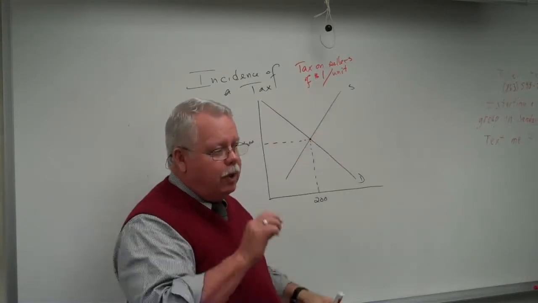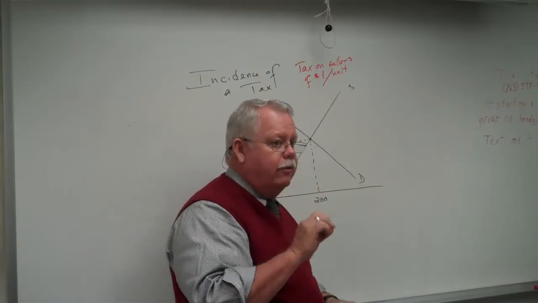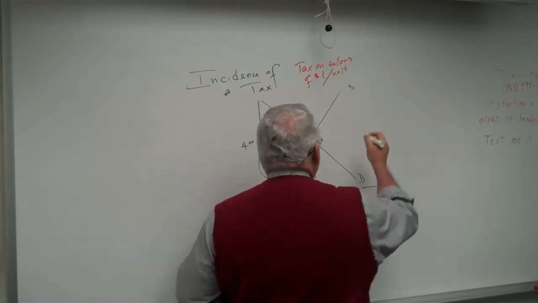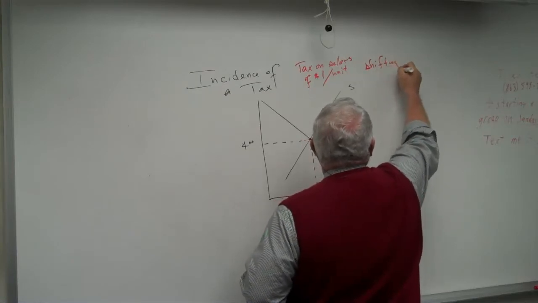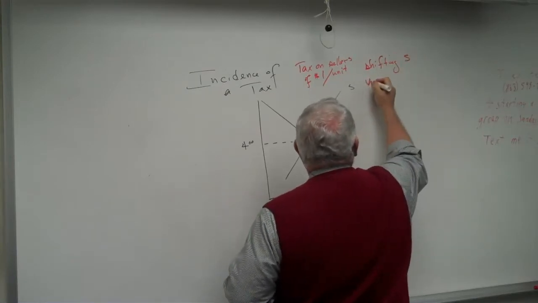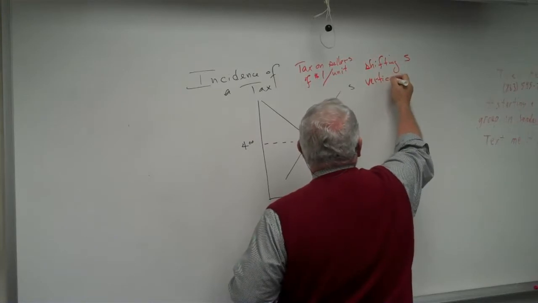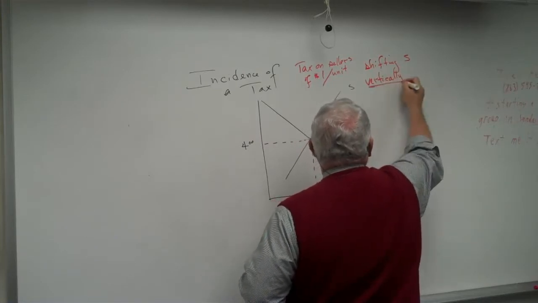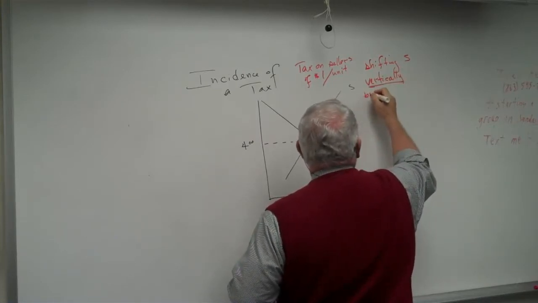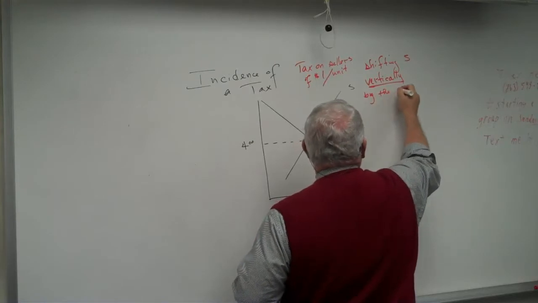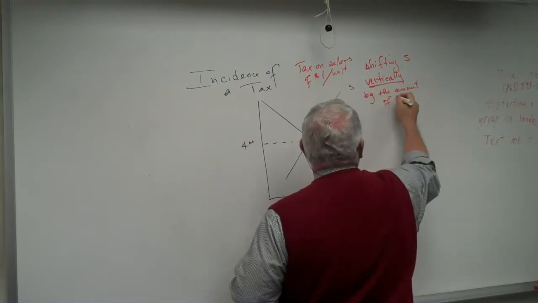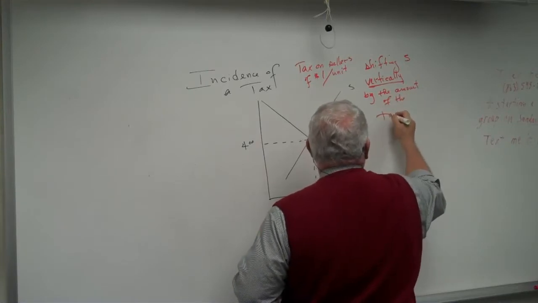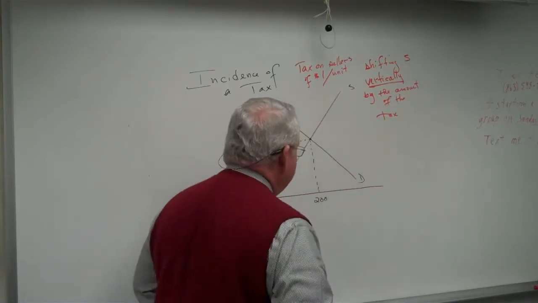Okay? But look at the way we're going to decrease it. We're going to decrease it by shifting the supply curve vertically by the amount of the tax. And so here's what's happening.